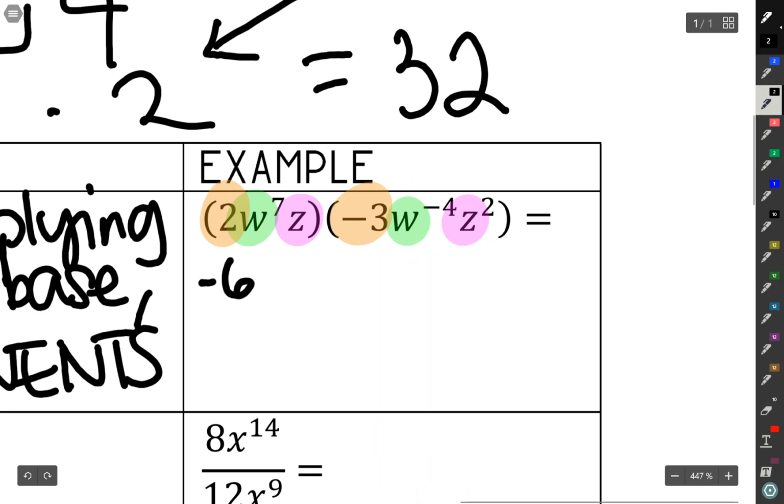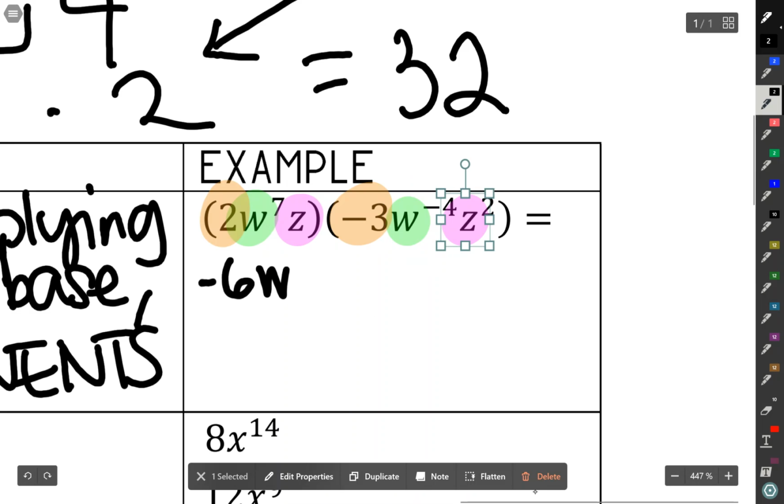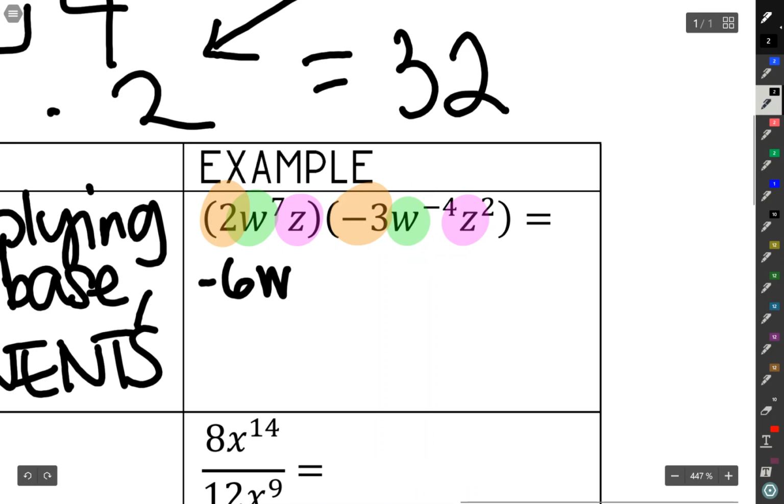W to the 7th and W to the -4th, we're going to add our exponents. 7 plus -4 is 3. We'll review what negative exponents are in a minute. Then we have z and z squared. So z is really z to the 1st. So that's going to be z to the 3rd.